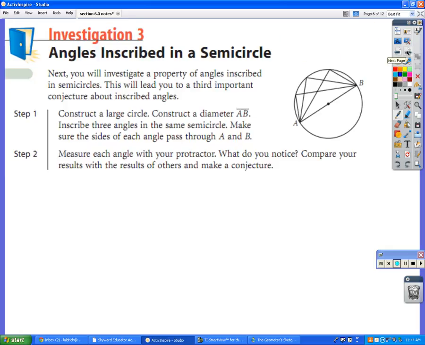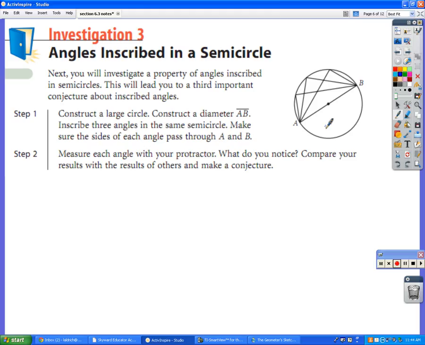All right, now let's apply that to a simple case. It says angles inscribed in a semicircle. How many degrees is a semicircle? 180. Every single one of them, right? 180 degrees. How many degrees will these inscribed angles be?